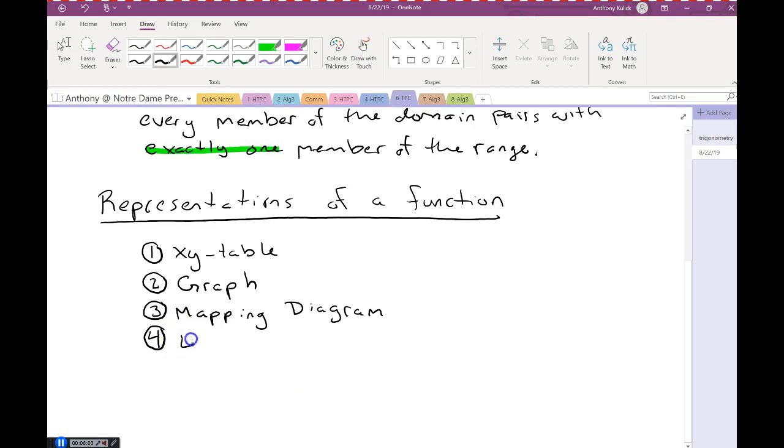Good, an equation. Yup. So like y equals x squared or something would be another way to represent them. And then the last way, similar to an XY table, we would say is a set of ordered pairs.